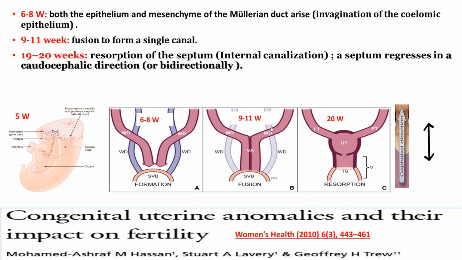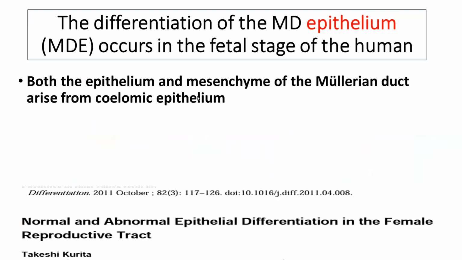And after fusion, between 19 and 20 weeks of intrauterine life, there is resorption of the septum between the two Mullerian ducts of the uterus, cervix and upper part of the vagina in a regression way that may be caudocephalic direction or bidirectional, as described by some authors.